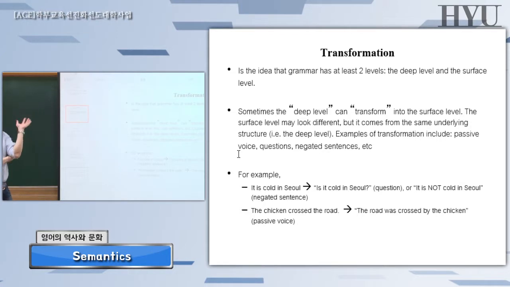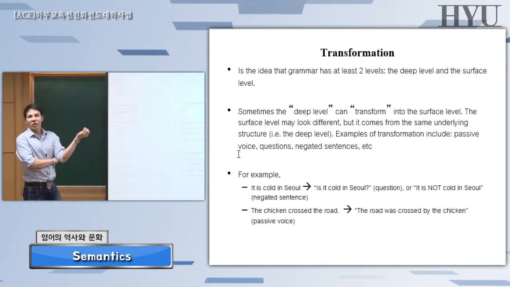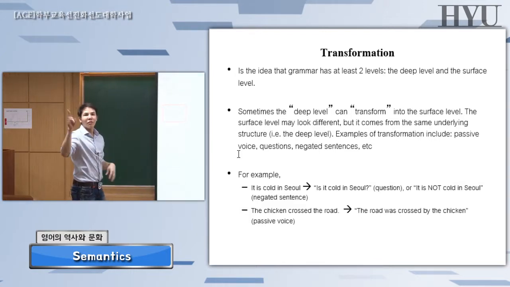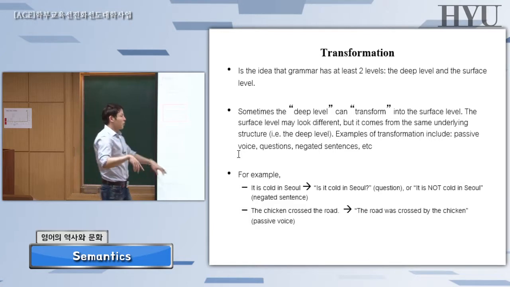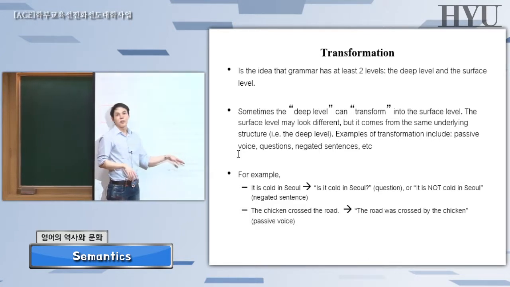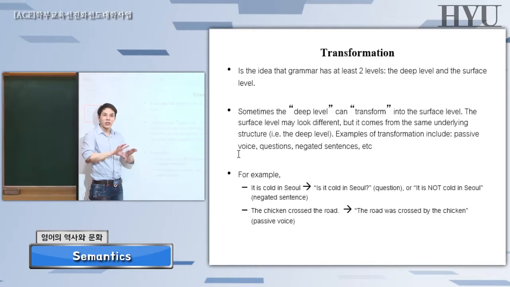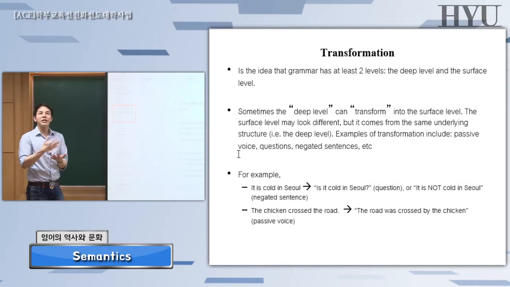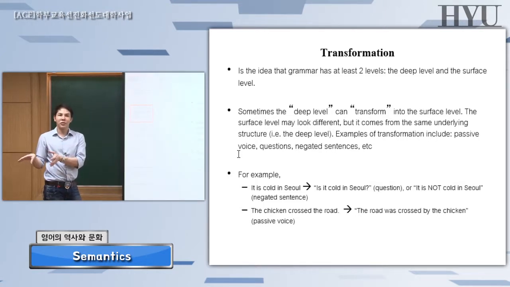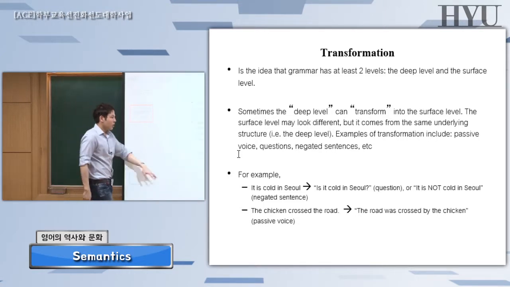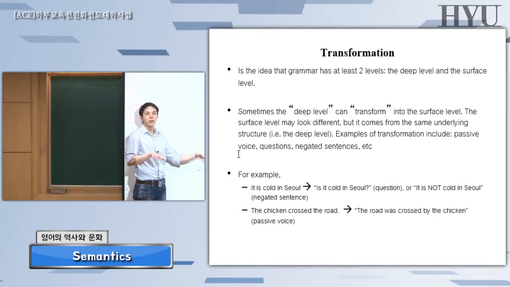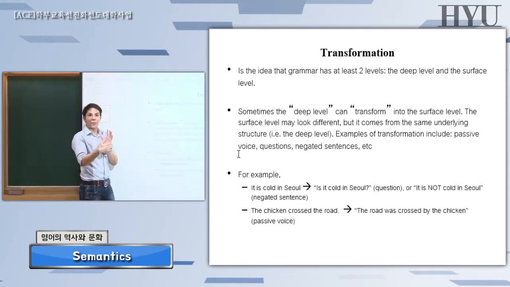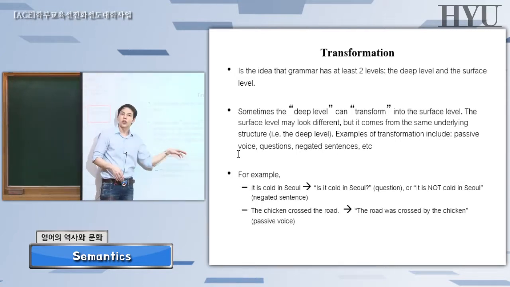The reason why we argue that there is transformation is that because there's transformation, we just have to have one rule, right? If we do it without transformation, it means two sentences have two different structures, which we don't want. Because we want to claim that all sentences are based on the same limited number of rules, right? So we just say that the basic rules are the same, but there are what we call transformational steps that happen that change one to the other.